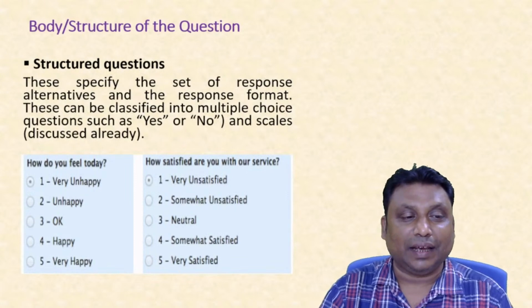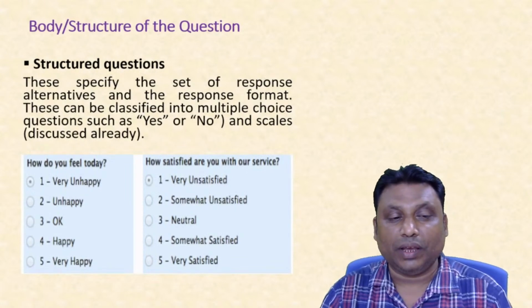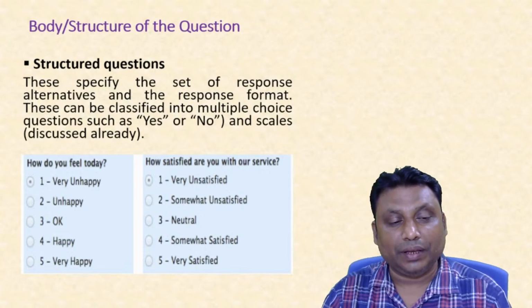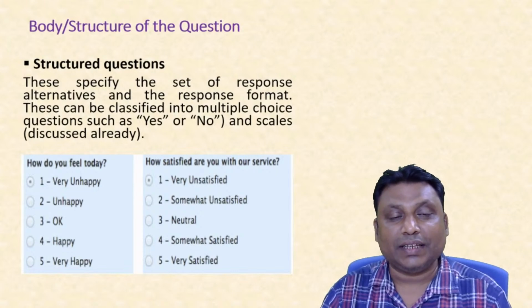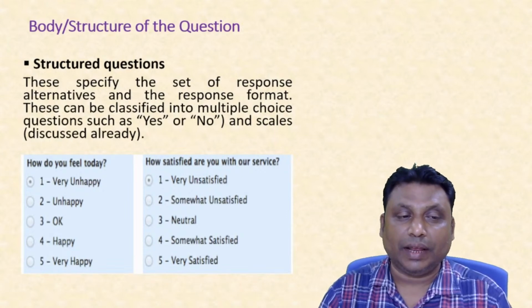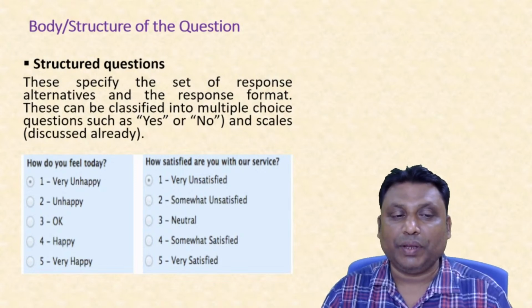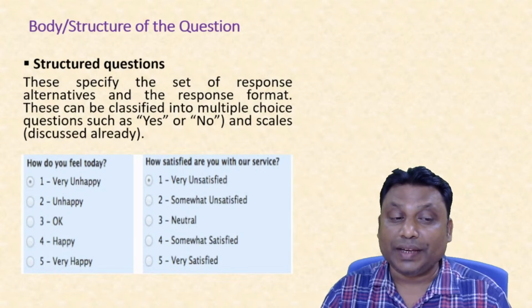Similarly, here it is given: very unhappy 1, unhappy 2, okay 3, happy 4, and very happy 5. It is mentioned just to put numerical data on the basis of the answer.